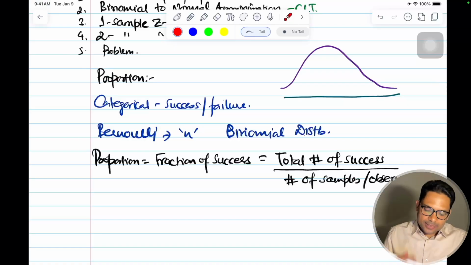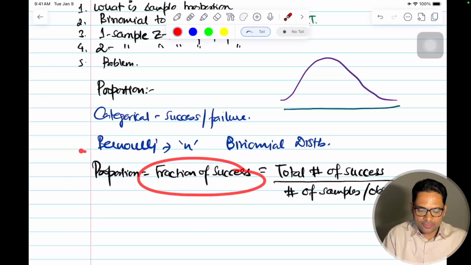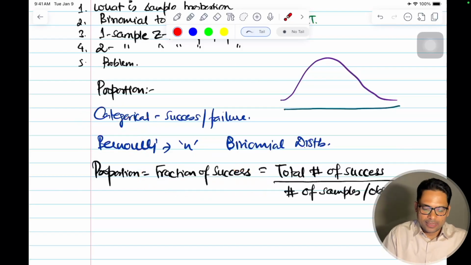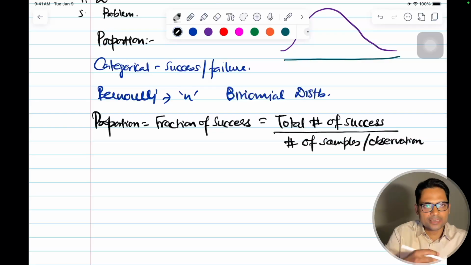And the Z-test generalizes to capture this categorical data, and it provides you a test to compare proportions, where we have fractions of success and categorical data. Let's formally understand that. So what is the Z-test of proportion? Z-test is again normal distribution, and we'll come to how it comes to normal distribution. So we'll write Z-test of proportion.